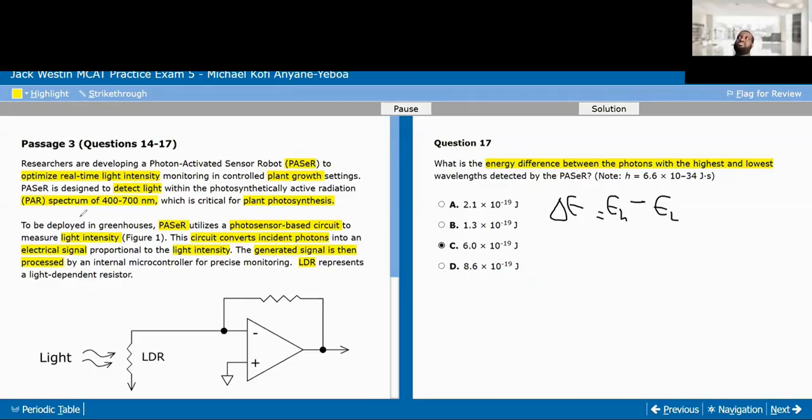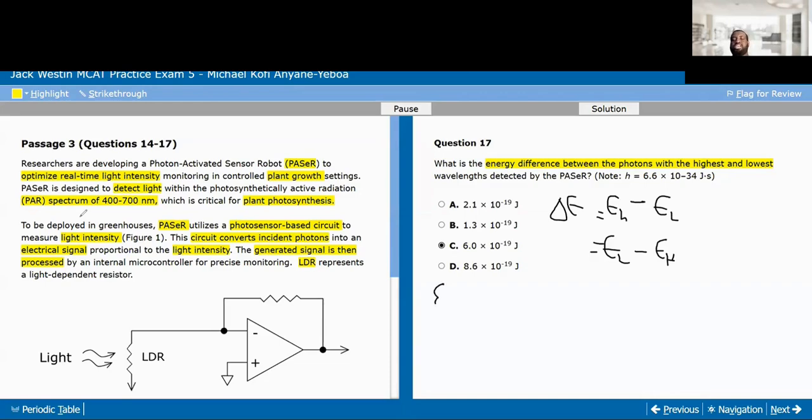The key thing, I mean, it's not necessary. You can still find the answer. It's just probably going to be negative. But the key thing is when we're dealing with wavelengths and energy, it's inversely proportional. So I'd rather write the energy of the lowest wavelength minus the energy of the highest wavelength for that reason, just to keep everything positive, right?